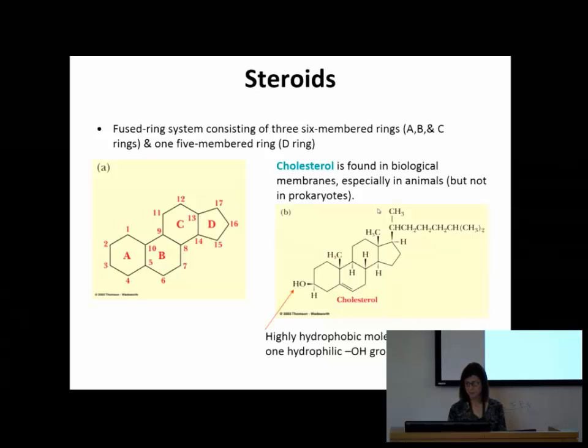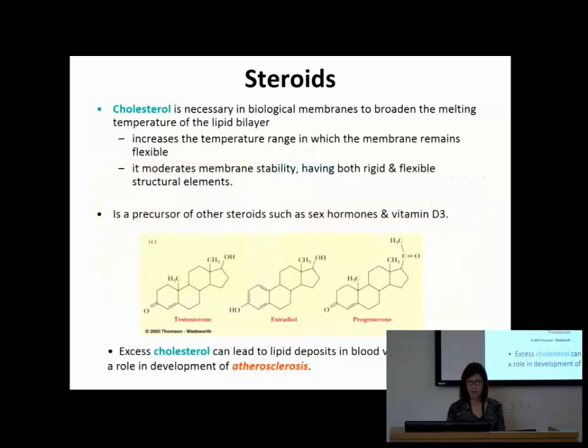All right, so we need steroids. We need cholesterol to, what we say is, broaden the melting temperature, because the membranes are so floppy inside. They have those fatty acid tails in there just flopping around.